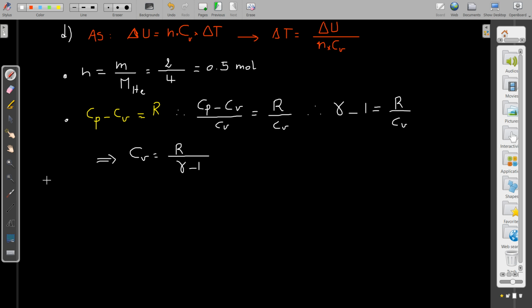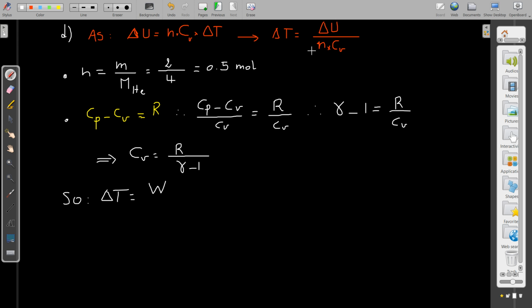Now everything is there. So you return to your question. The variation in temperature equals delta U, which is the value of your work. So it's just the work.